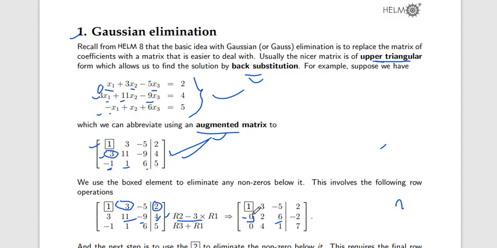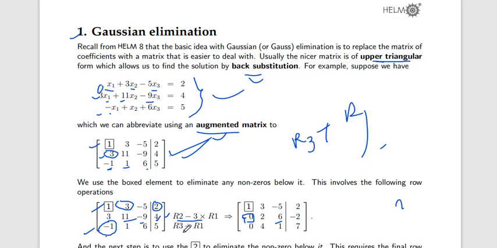We get 0 below the 1. Now we also want to get 0 here, in place of -1. So how do we get it? Simple, R3 plus R1, because here we have -1 and 1. We simply add the first row to the third row, so we will get 0.